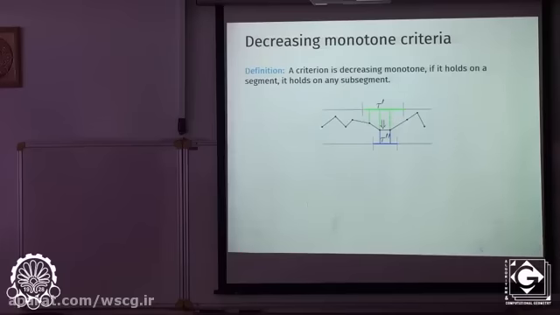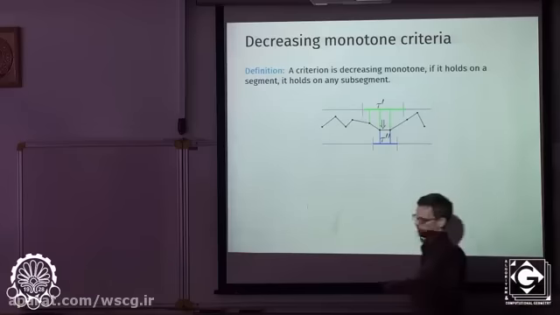And we call this a decreasing monotone criterion. So any criterion where, if it's true for a long part, it's also true for a shorter part, is decreasing monotone. And the speed criterion we looked at and the direction criterion we looked at, both of those are decreasing monotone.